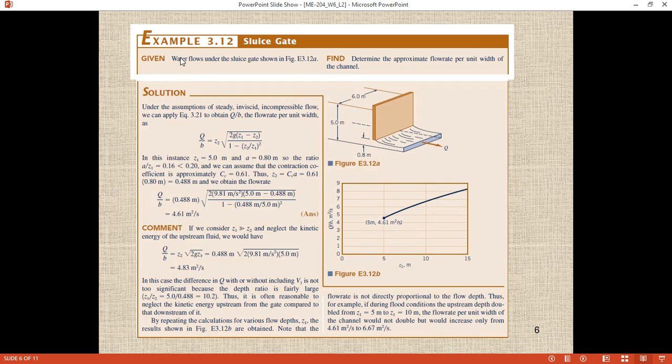Here you can see water flows under the sluice gate shown in the figure. Determine the approximate flow rate per unit width of the channel. So we have to find the flow per unit width of the channel.